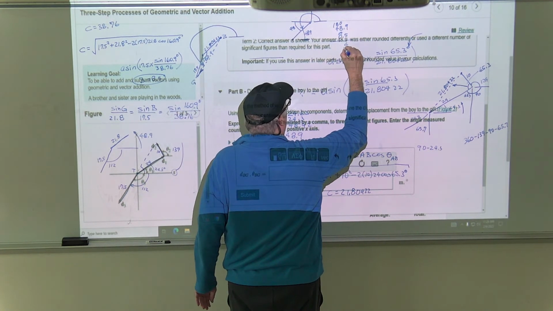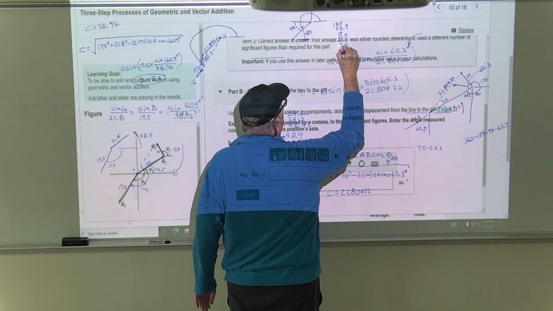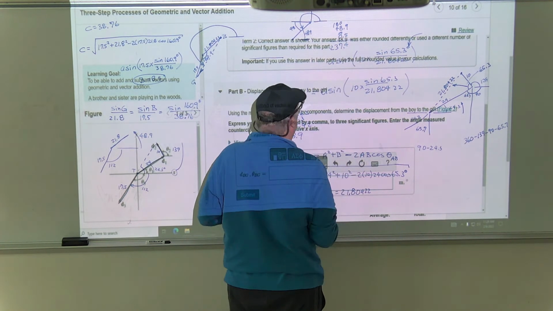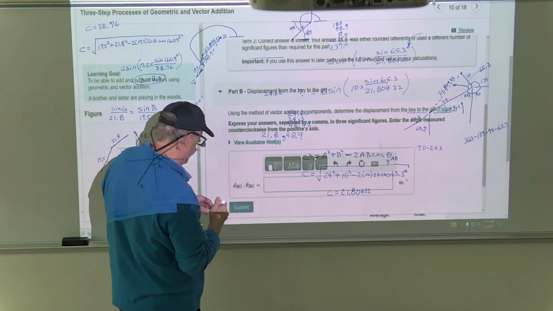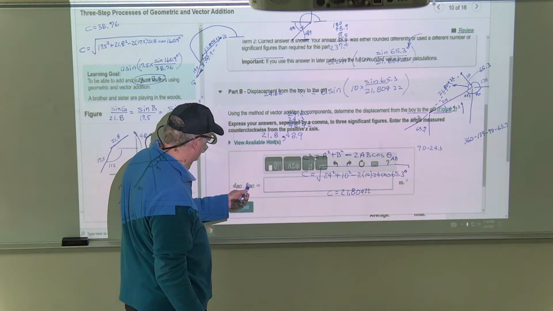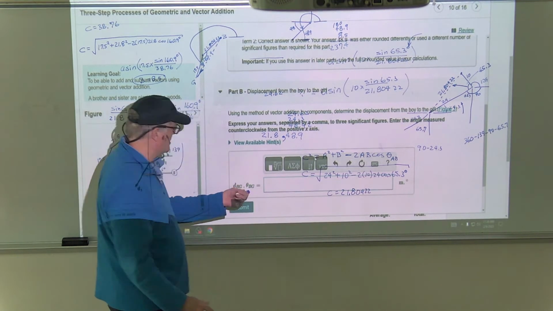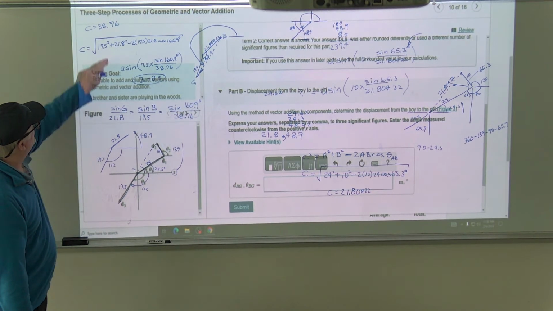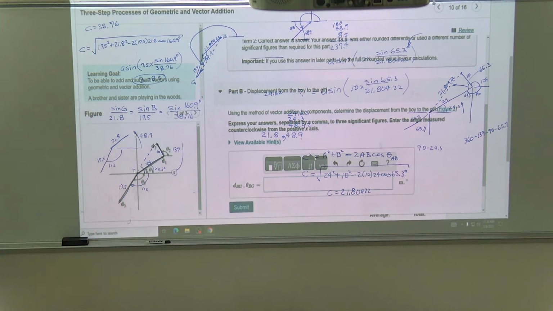That gives 237.4. I'm a little queasy about that for a couple reasons, but I'm going to put it in and see what happens. But I need to know first, that's the 38.76. Because if I get part of it wrong, I'll just do this.